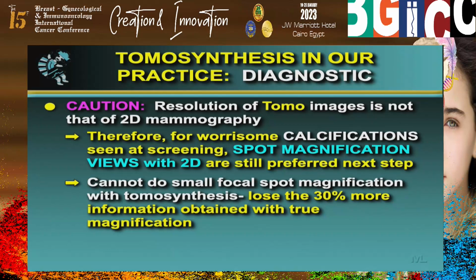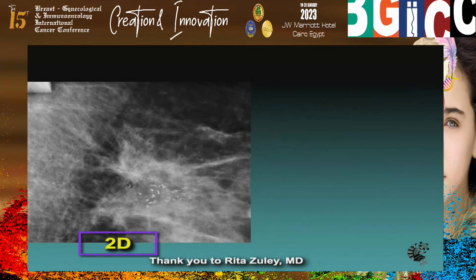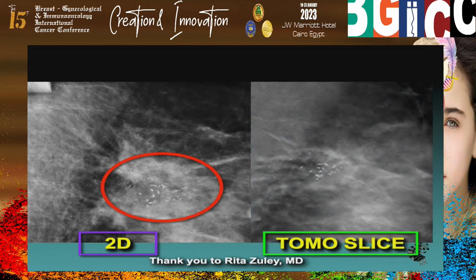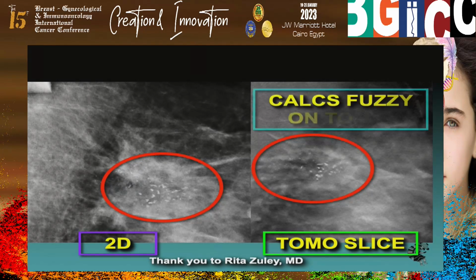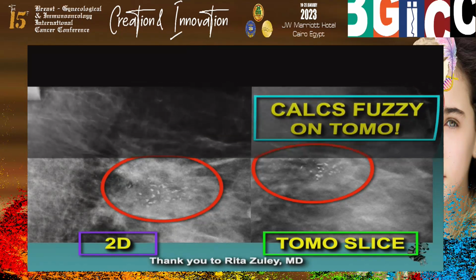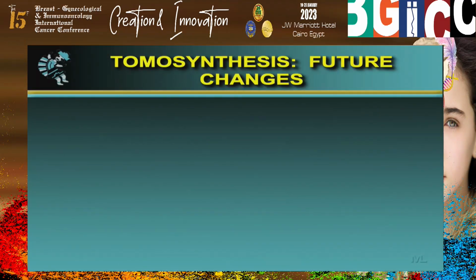You've got to do the spot magnification, because if you don't, you're going to lose that 30% more information that spot magnification views with 2D gives you. You can see here the resolution is not as good. Here's the 2D, in which you see worrisome calcifications, and here they are in the 3D, the best tomo slice. They're still fuzzy, and that often is the case with calcifications on tomo. You've got to do 2D spot magnification if you're worried about them.